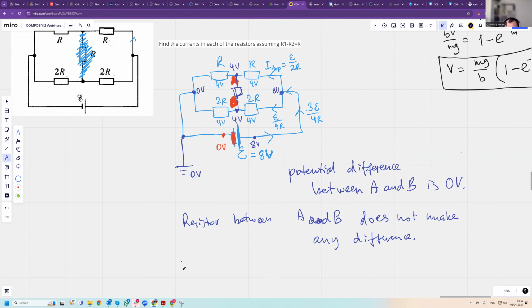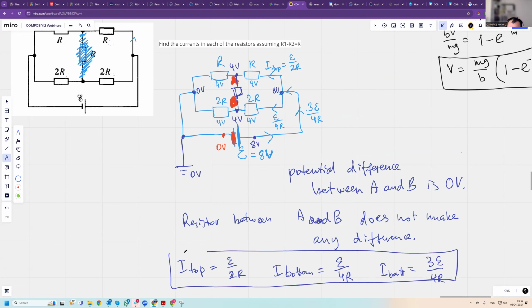Therefore, the current at the top is equal to EMF over 2R. The current at the bottom is EMF over 4R. And the current through the battery is 3 EMF over 4R, the total. And that's the answer.